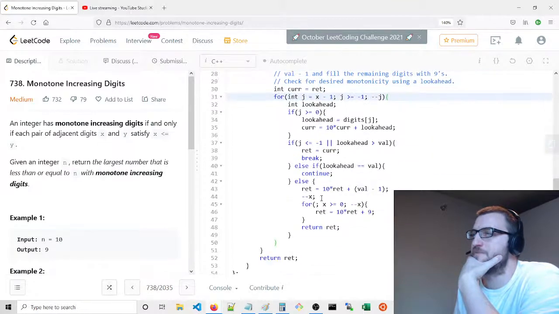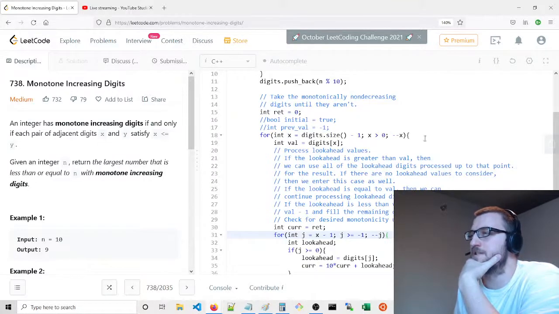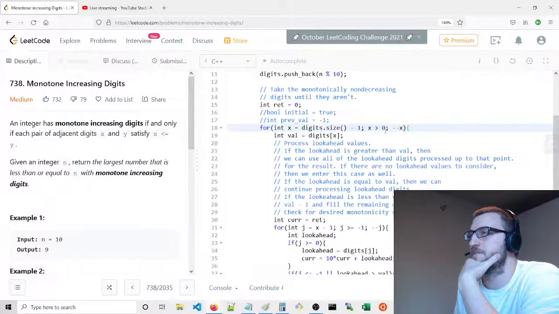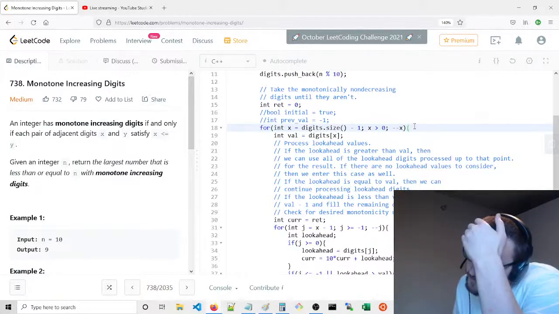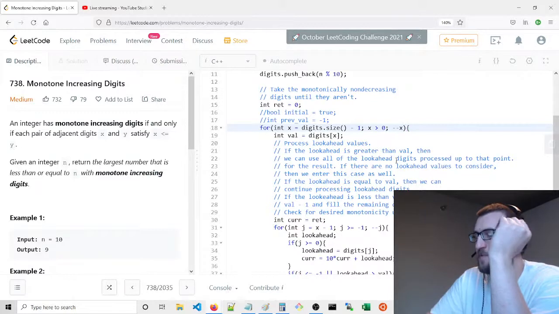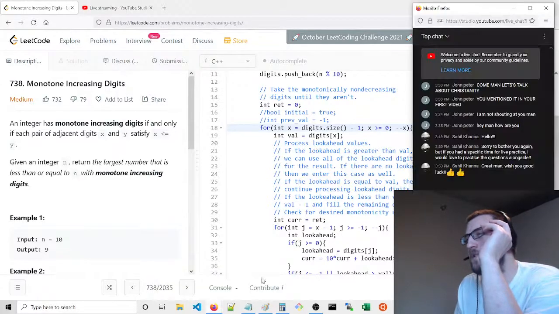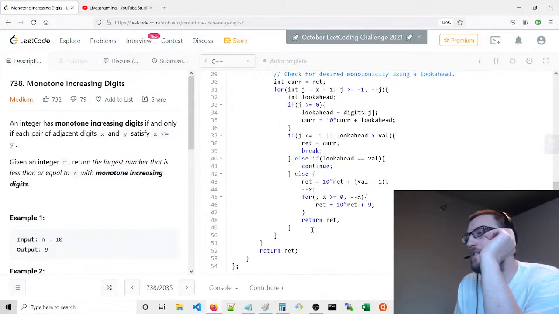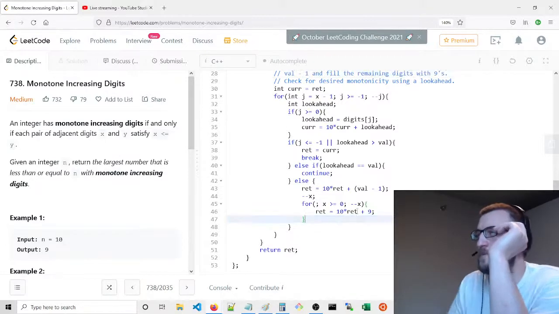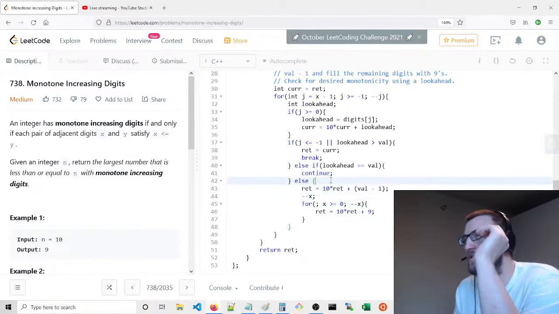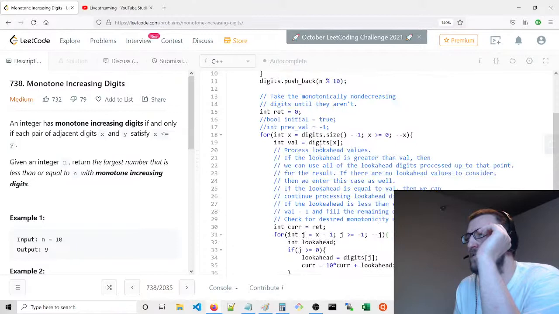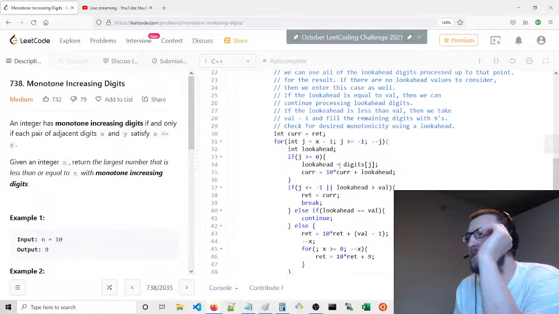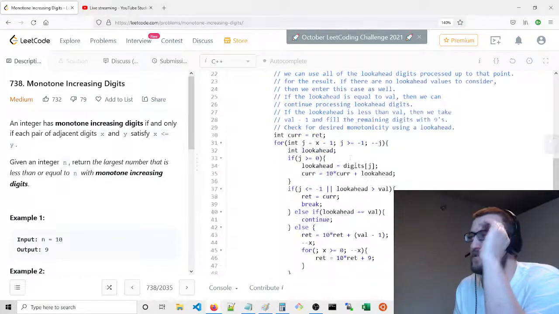So what would happen here? X would exit. So you would exit this loop. It says x greater than 0. I think it's x greater than or equal to 0, probably. And yeah, I mean x will be set to 0 at the end of this. I think that's it. I think that's all you need to do.